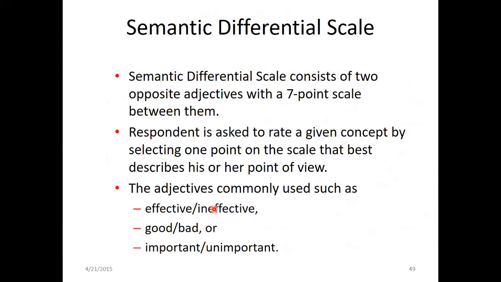Then, of course, you have the semantic differential scale. This one consists of two opposite adjectives with a 7-point scale between them. The respondent is asked to rate a given concept by selecting one point on the scale that best describes his or her point of view.